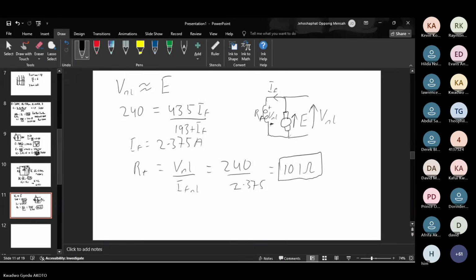Now, what's the question saying we should look for? The question is saying we should look for MMF, right? Okay, we know that MMF is equal to NI. But we don't have the current I flowing through our series field, right?